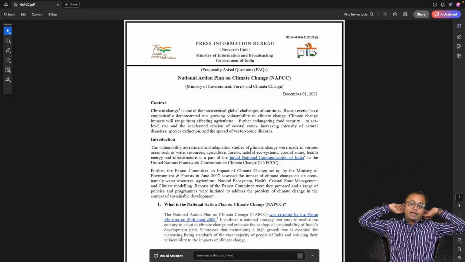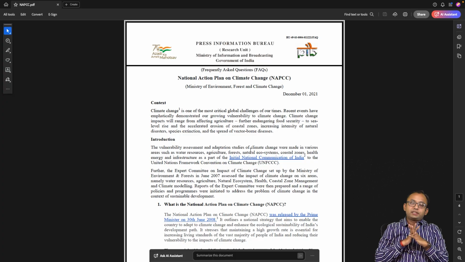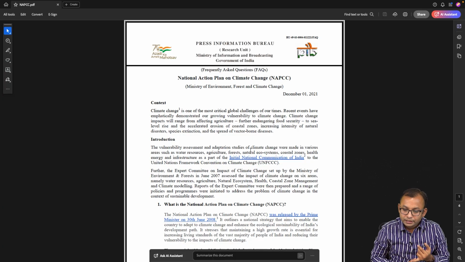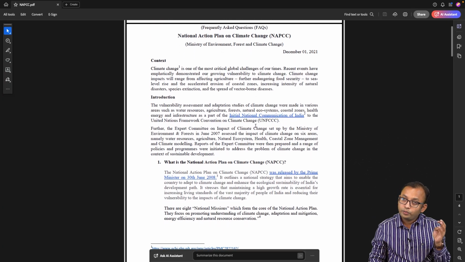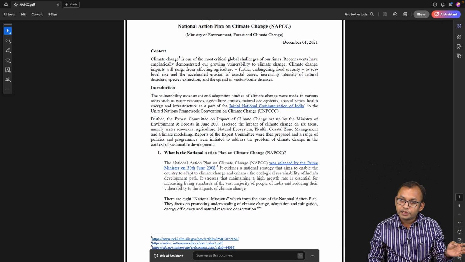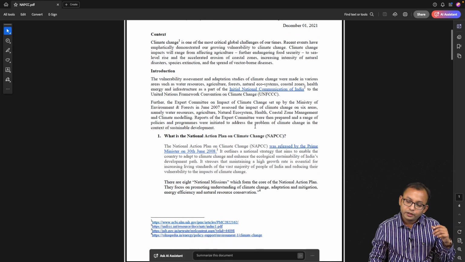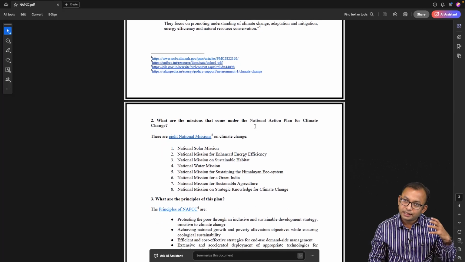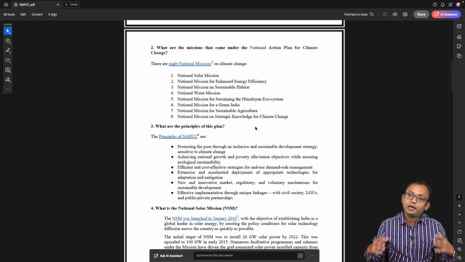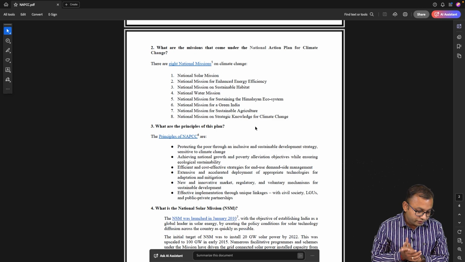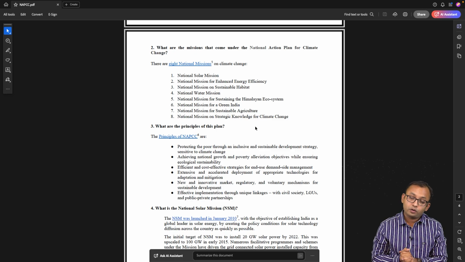So, primarily we have talked about the water mission and the agricultural mission. We talked about how we can restore our forests for carbon sequestration. We are talking about renewable energy, solar energy, soil health management, more efficient irrigation, and building more efficient infrastructure to apply these policies across India.